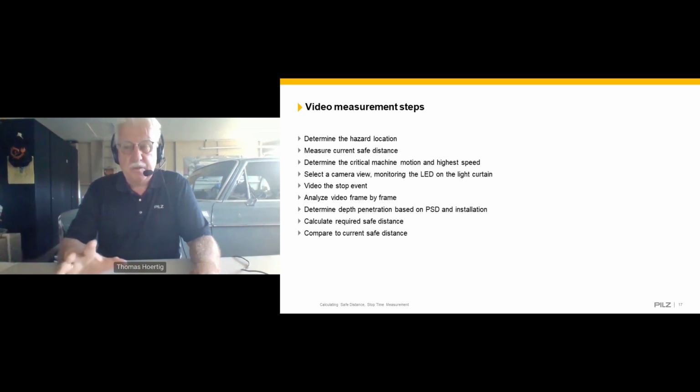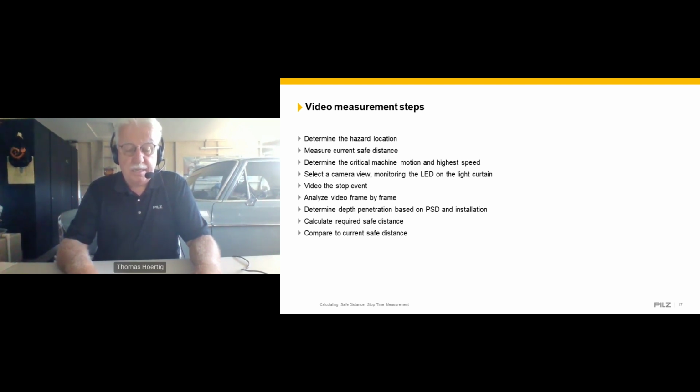Then, in the view of your machine, you video the stop event. You initiate breaking a light curtain beam, and you see the LEDs change on your video. Within the same view, you have the machine then stopping after an elapsed time. That's why those frames per second come into play.